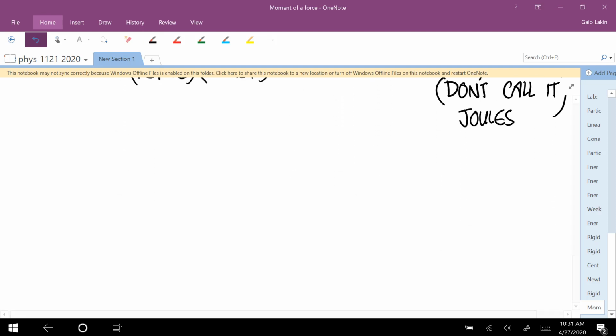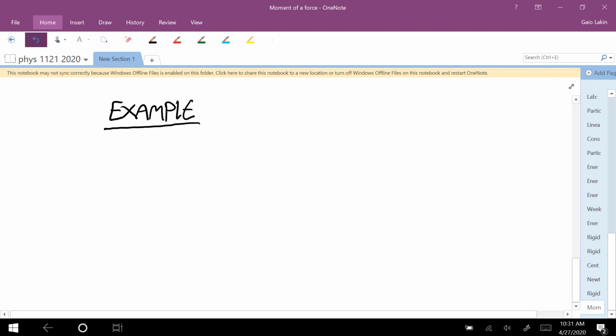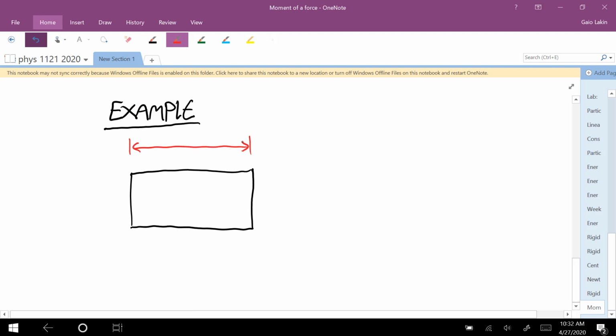Let's do an example. So let's say that we have a rectangular body. And let's say the length this way is 3 meters. And the length this way is 1 meter.